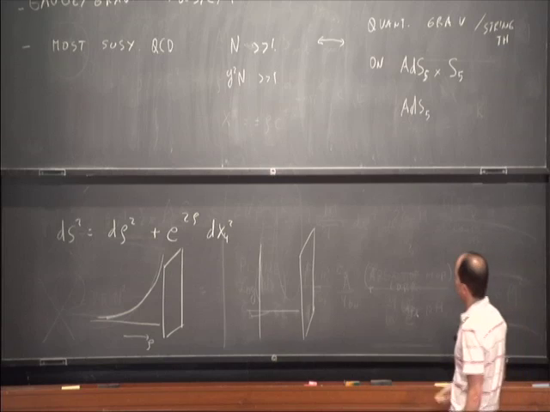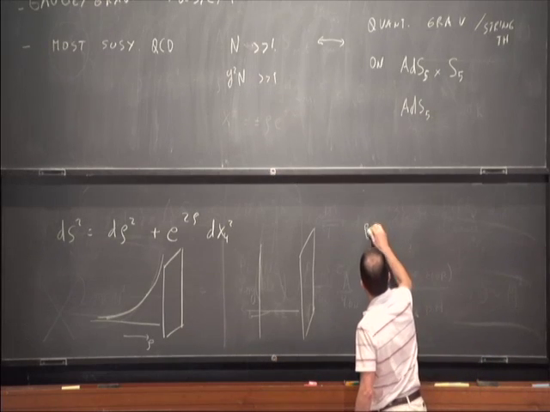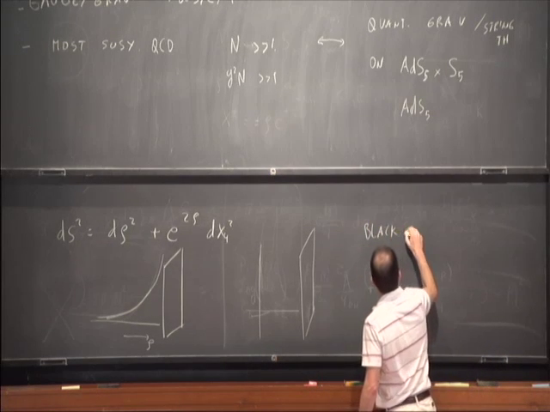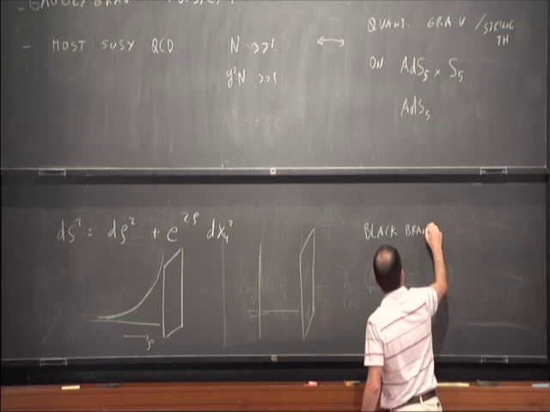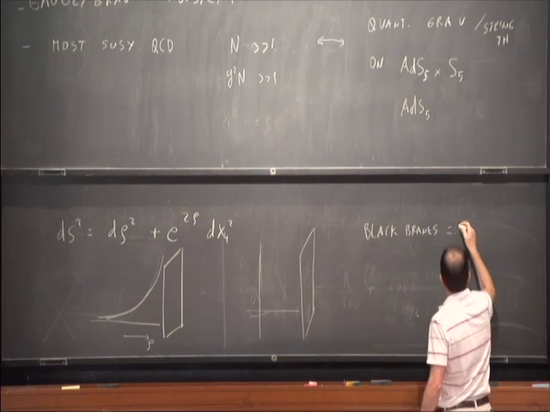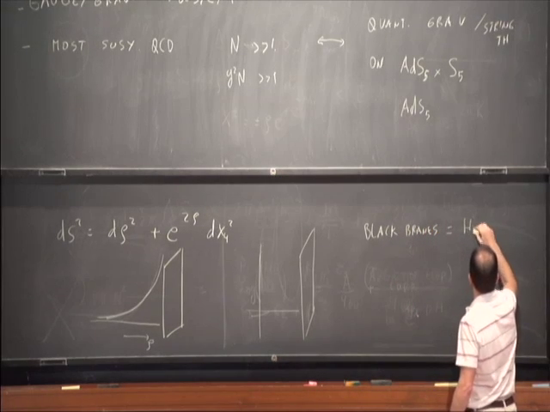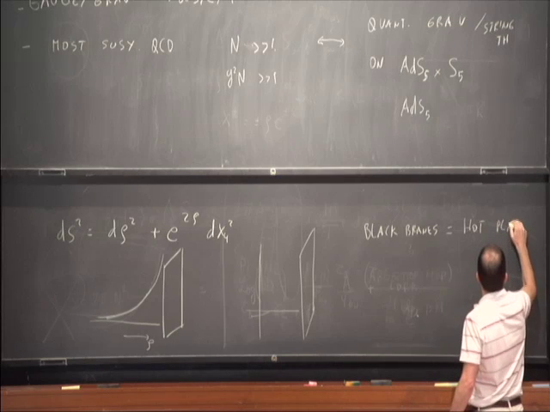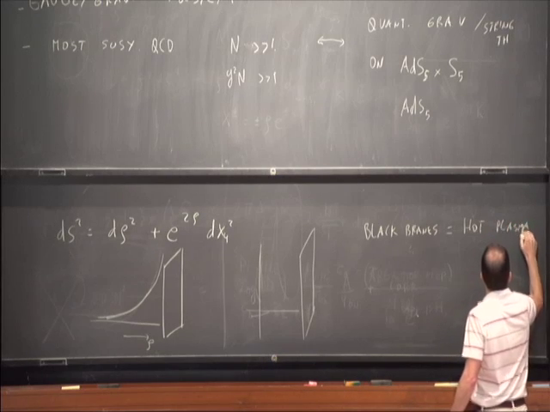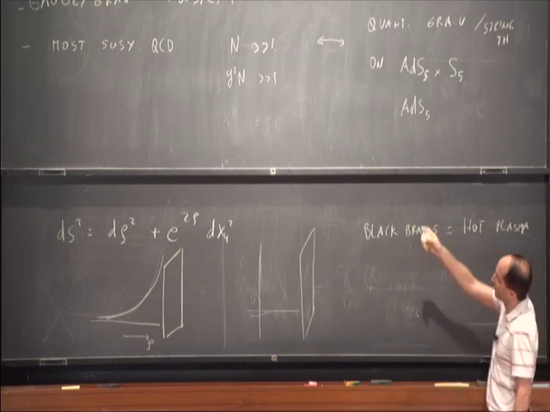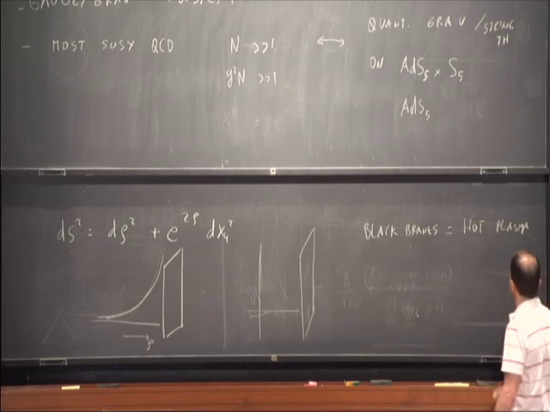And the idea is that these black branes are the same as a hot plasma in the gauge theory.